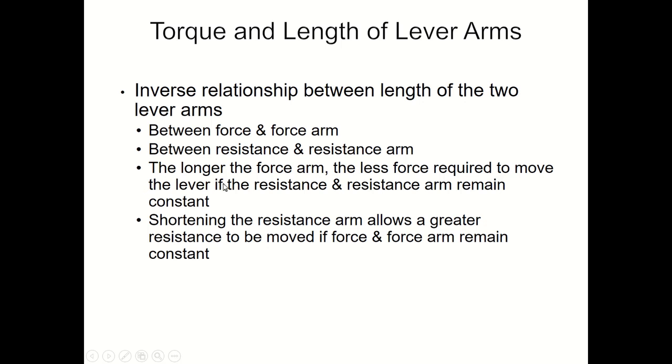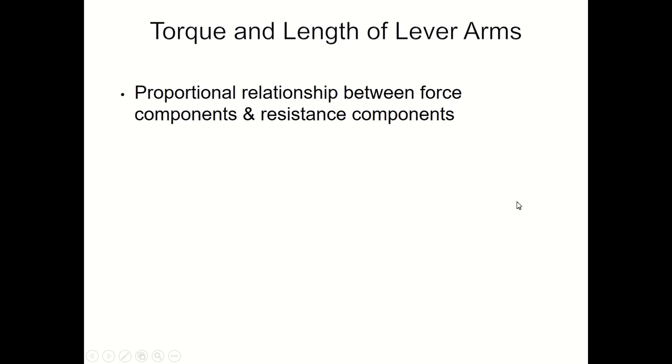You would need less force to move the lever. Thinking about that biceps brachii example, lifting a weight, the resistance wouldn't change. You're still holding a 20-pound weight. And the resistance arm, that's the distance between the axis and the resistance point, is going to remain constant. So if you can make the force arm longer, you require less force to move it.